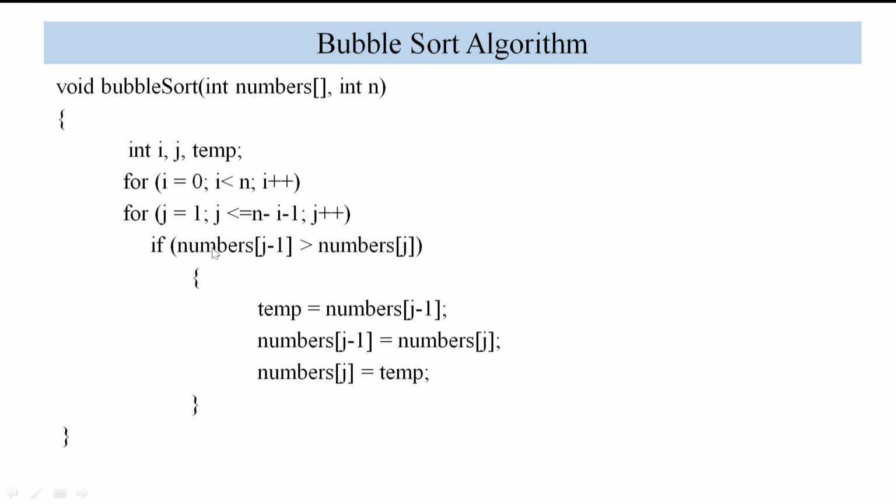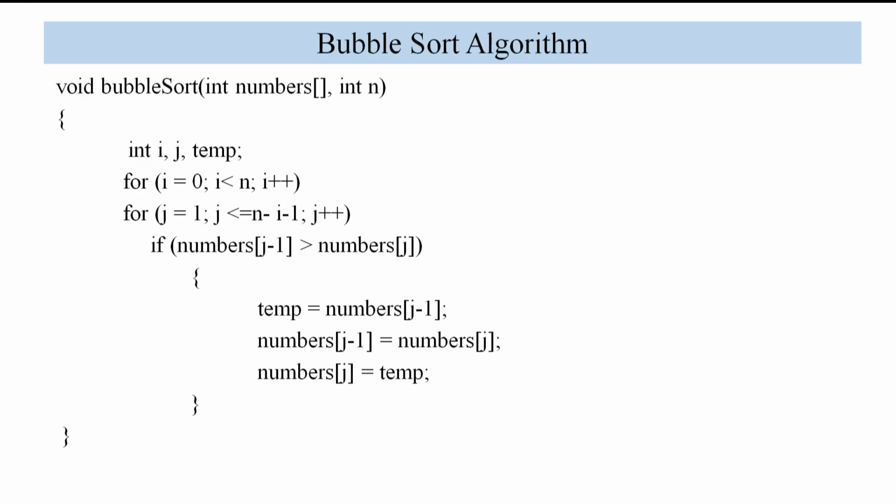And this if condition compares two adjacent elements, starting from j minus 1. When j is 1, j minus 1 is index number 0, and index 0 of the array is the first element.